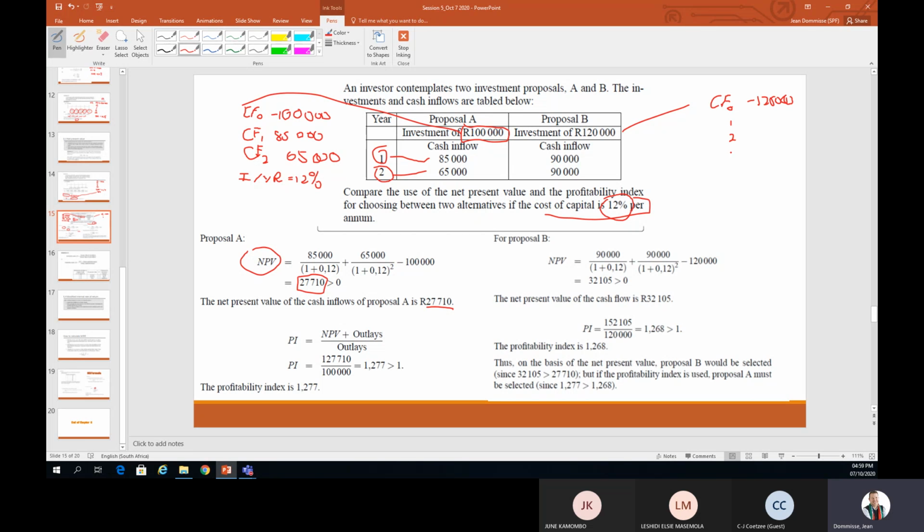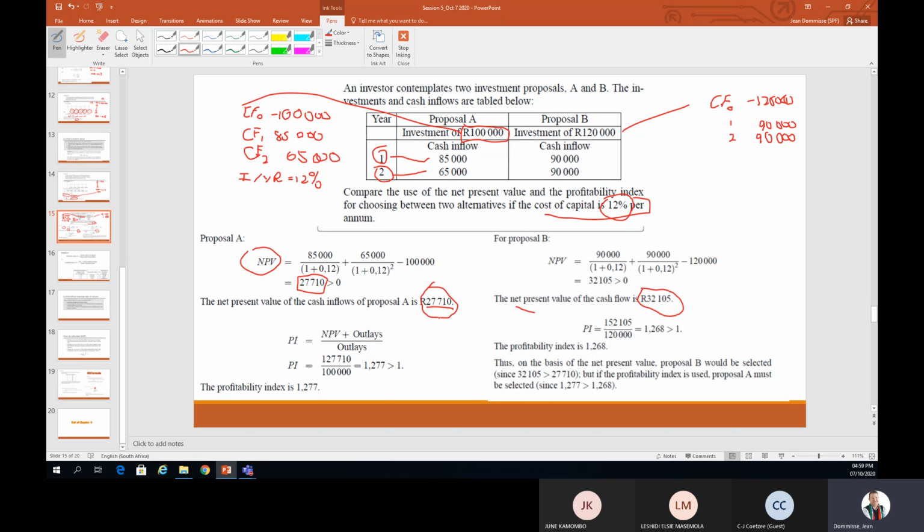CF1 and CF2 are both 90,000, so maybe we could have done something different there, but let's keep the process the same. For proposal 2, we get a net present value of 52,105. So instantly you want to say, well, the 52,000 is more than the 27,000.